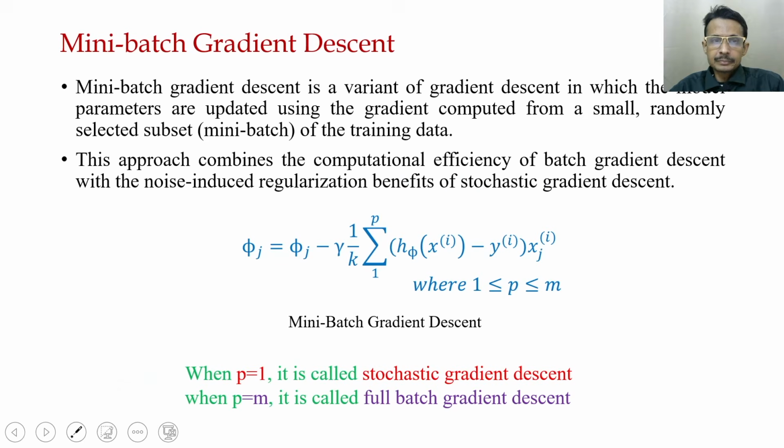Okay. Now there is another variant of gradient descent that is in between, because these are two extreme cases. Let there be a very big data set, on the order of a million. In stochastic gradient descent, only one sample is taken.